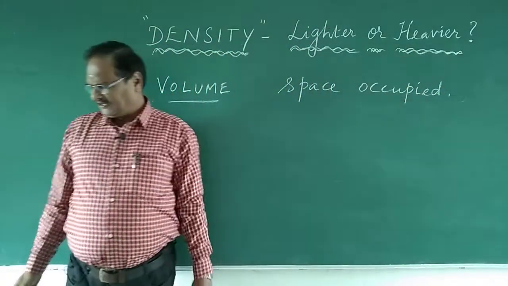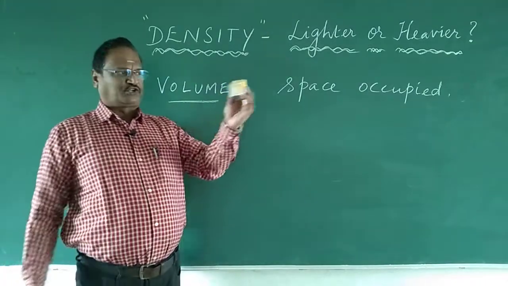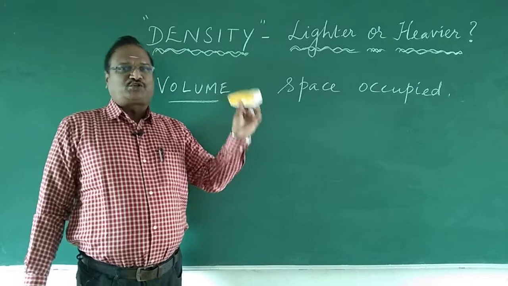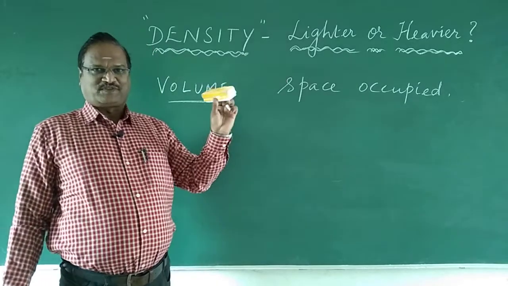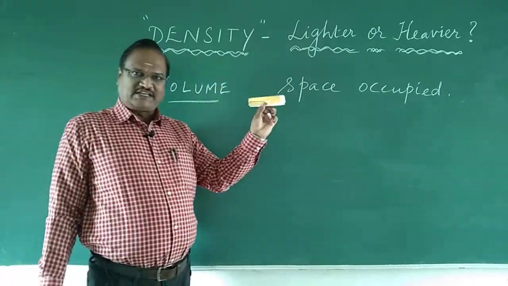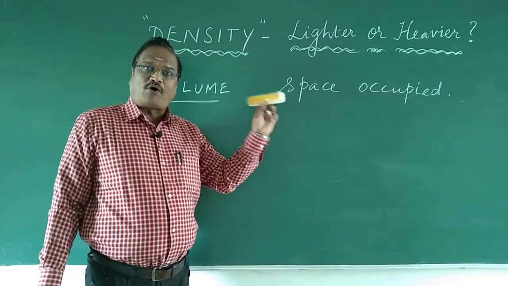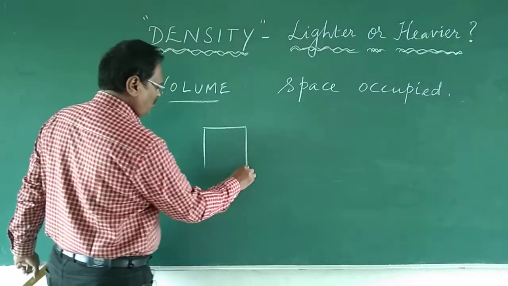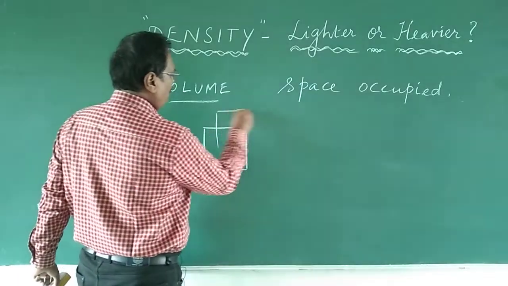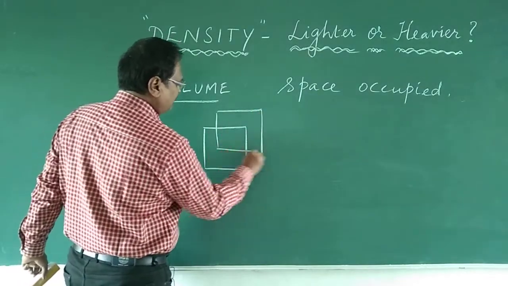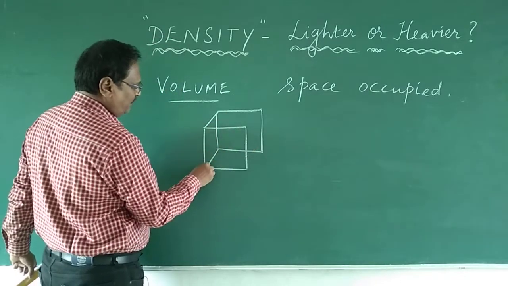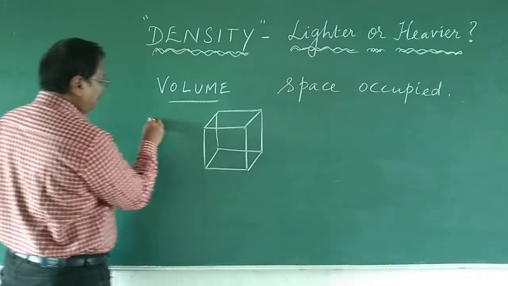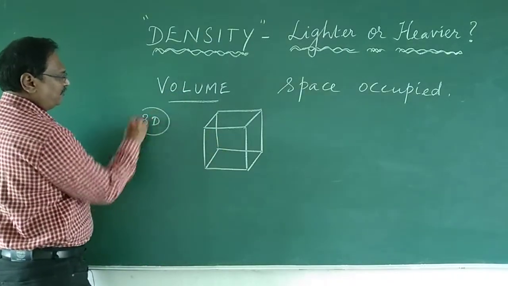Very simple. Let us take, for example, this duster. What is the volume of this duster? You should know the shape of this duster. The shape of this duster is more of a cuboid. A cube is one in which all the sides are equal. It is a three-dimensional object.